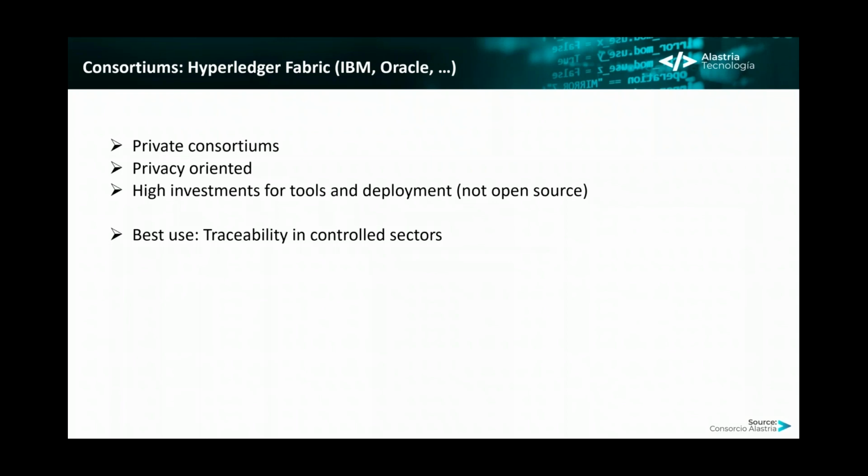Remember that in Hyperledger Fabric and in Corda, the mining is done by only a selected number of people who define the ordering. So really it is a totally private and controlled network. Then keep that in mind, depending on your design.